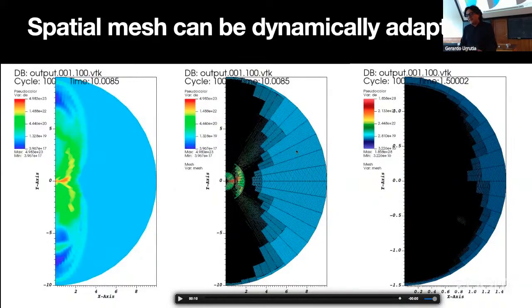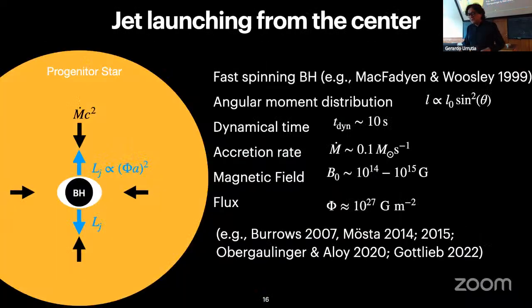So the idea is to refine in regions where it is important, and in other regions, for example in the center where the fluid is not of interest, not to spend the resources there. We invest the resources in the important regions.